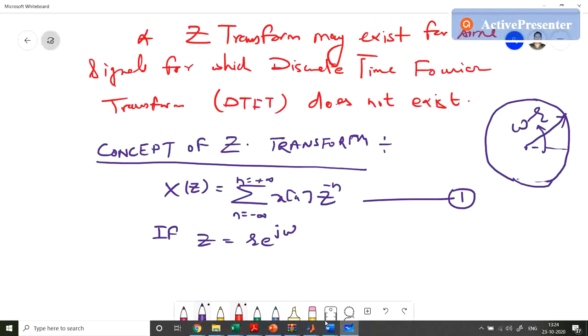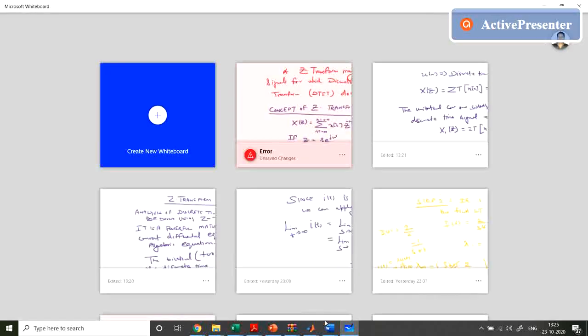Z is basically a complex symbol, so we can represent this complex symbol in this polar form.